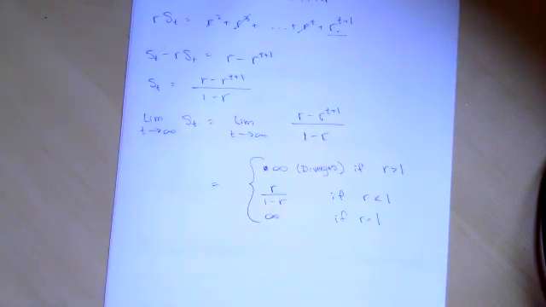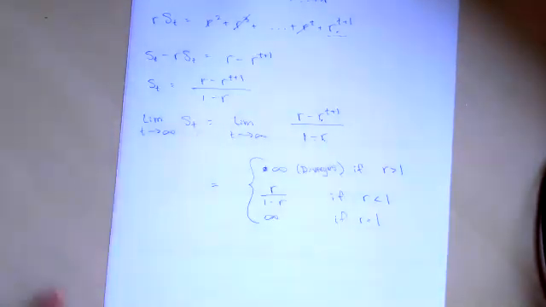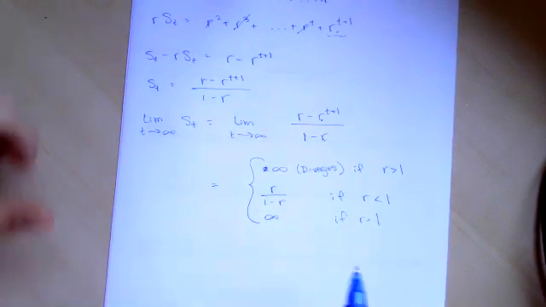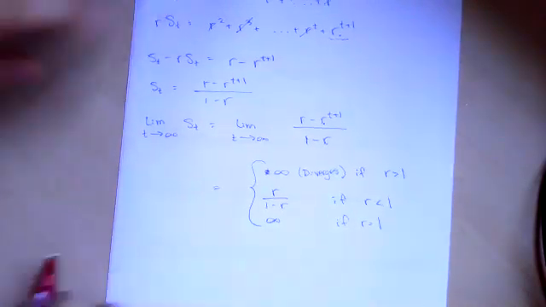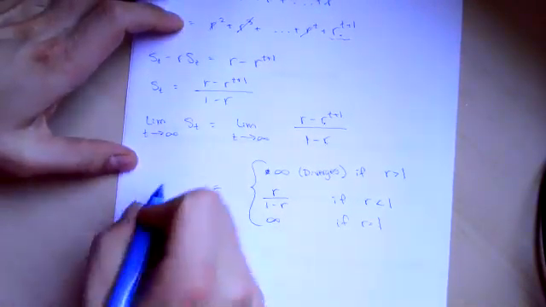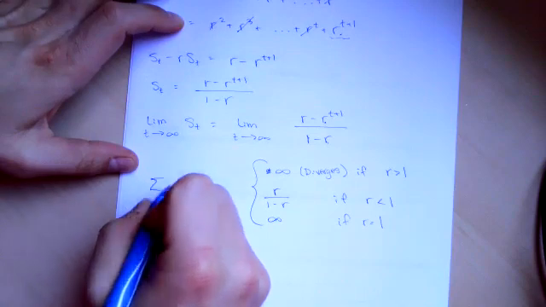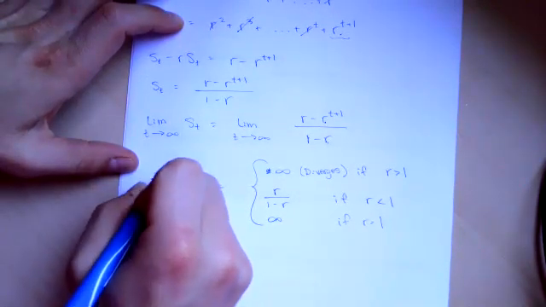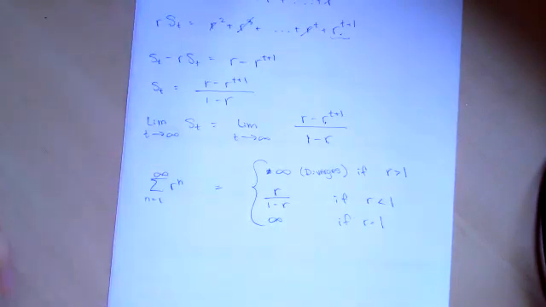One thing to note, I'm actually going to adjust this. These methods that we just derived are for the sum of a geometric series. So let's box this, because this is important. And let's write it out: the sum of r to the n, n equals 1 to infinity, is equal to this.